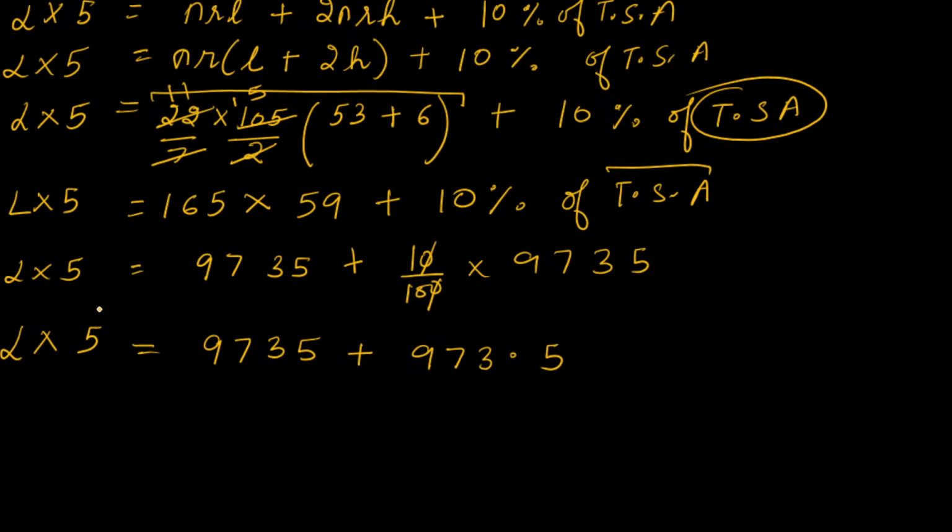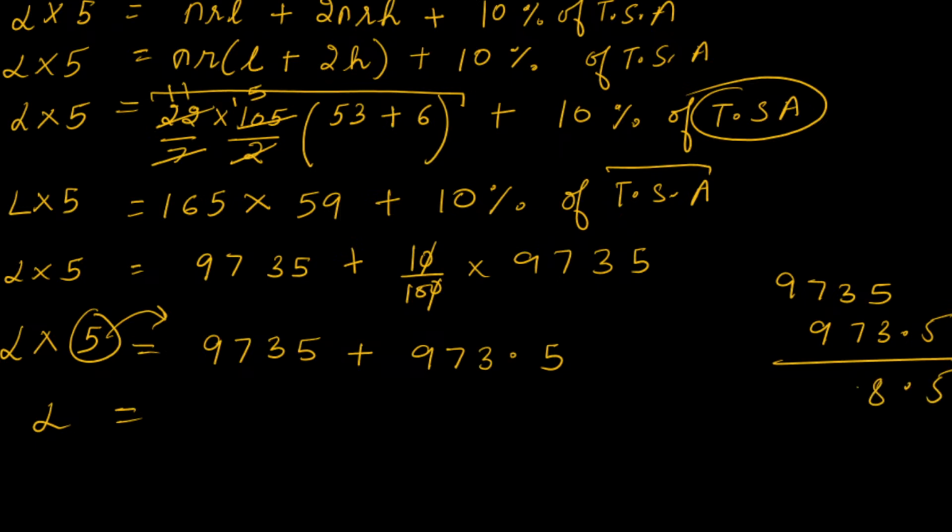We add both of these, and now this 5 also we can shift to the other side. First of all, add both of these. So what will we get after adding? Is it 10,700.5?